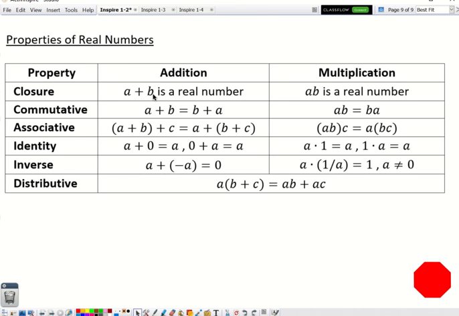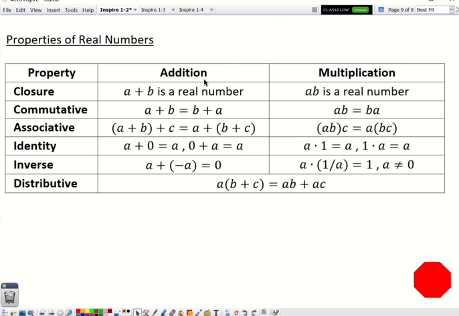Now, I keep dwelling on this, even though it's not that important of a property, at least as far as things like the Keystone exam goes. But I'm going to switch this up and use a better example.